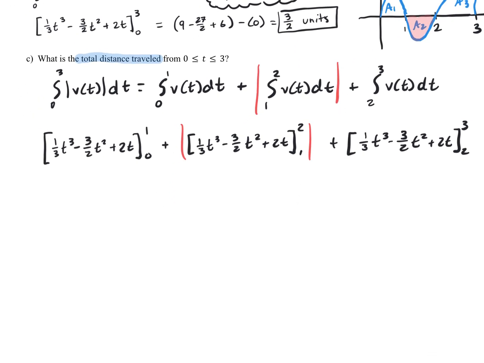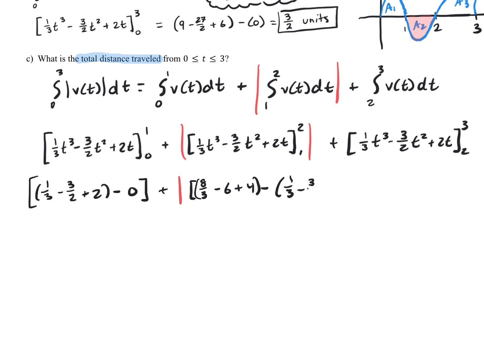Okay, so now we just start plugging through. So for this first one, we get 1/3 minus 3/2 plus 2 minus 0. So we have all of that. Plus, and then again, that will all be absolute value of, here we have 8/3 minus 6 plus 4 minus 1/3 minus 3/2 plus 2.